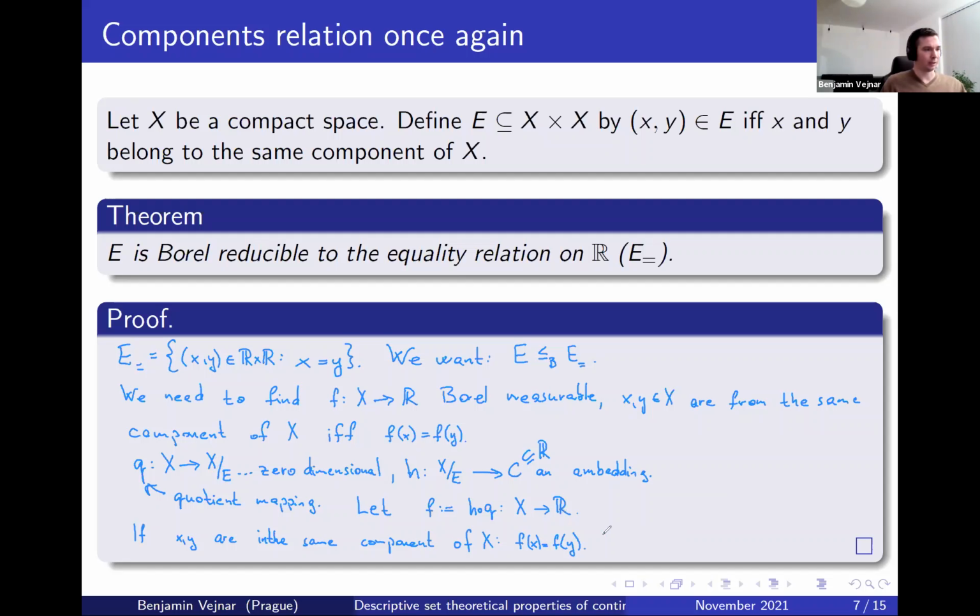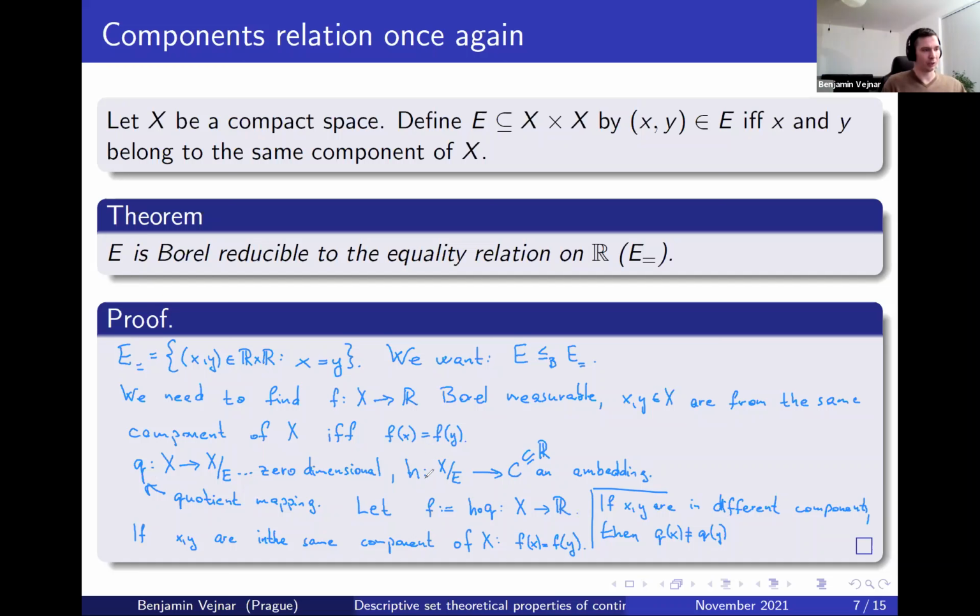On the other hand, if we have two points from different components, then the quotient mapping makes them still distinct, Qx is not equal to Qy.